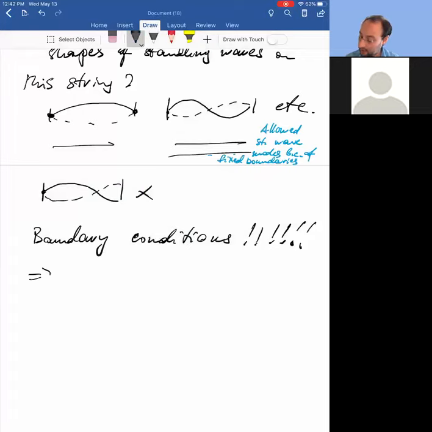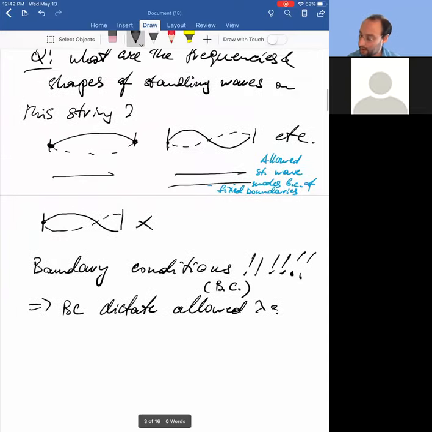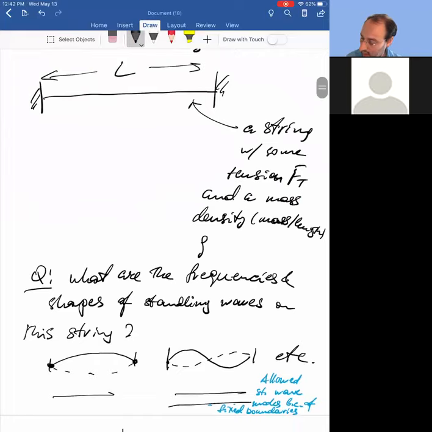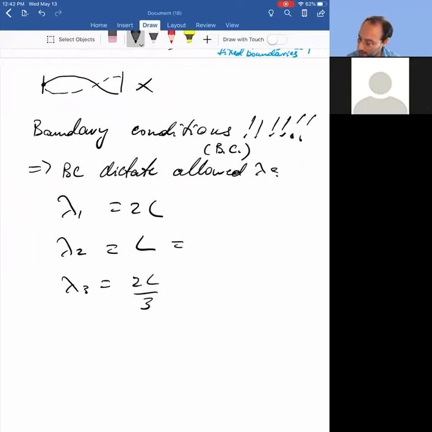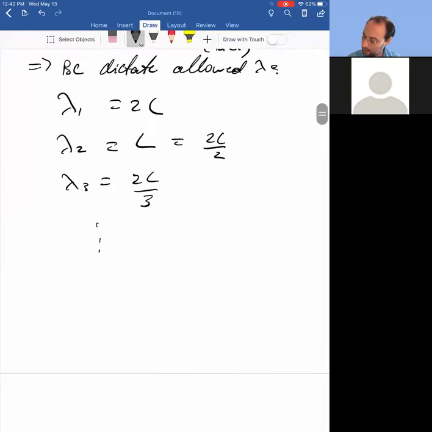I can tabulate. Okay, so boundary conditions, I'm going to abbreviate as BC. Boundary conditions dictate allowed wavelengths, right? So if this is of length L, the first wavelength is 2L, the second wavelength is L, the third wavelength is 2/3 L, and this is 2L over 2, and then you can see that the nth wavelength equals 2L over n.